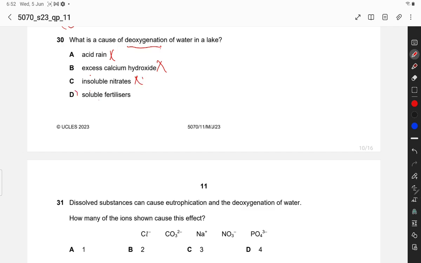Soluble fertilizers. So this option, because soluble fertilizers use oxygen. Soluble fertilizers reach the water of lakes, ponds and streams, and use oxygen to oxidize nitrate ions.